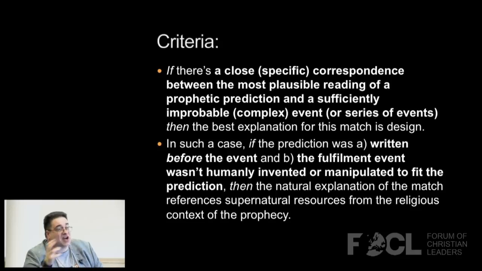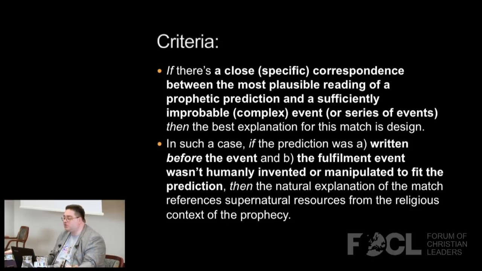If there's a close, i.e. a specific match or correspondence between, on the one hand, the most plausible reading or interpretation of a prophetic prediction, and, on the other hand, a sufficiently improbable or complex event or series of events, if there's this match, then the best explanation for there being that match is design. And actually, that's not controversial. The difficulties come in step 2.